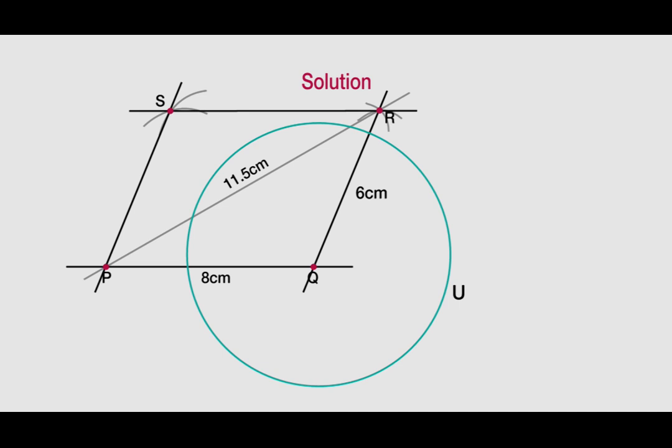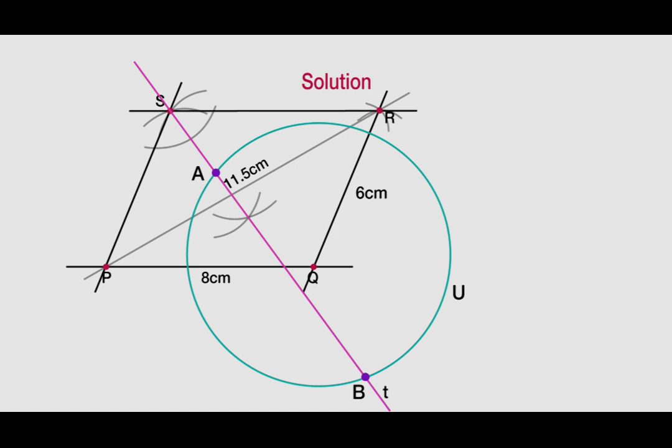The next thing we want to do, as per our question, is to construct the locus of points equidistant from the length PS and the length SR. This is the bisector of the angle PSR. We then indicate the points of intersection of the loci U and T as A and B. That will help us complete the construction.